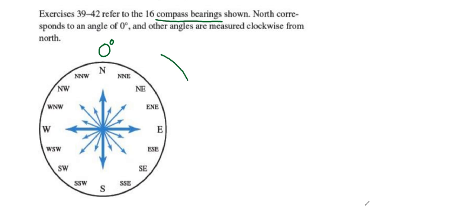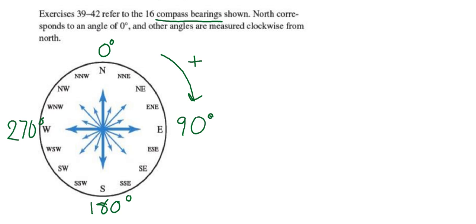And the positive rotation is in a clockwise fashion. So east would be 90 degrees, south would be 180 degrees, west would be 270 degrees, and obviously 360 would be back to the north direction. Okay?